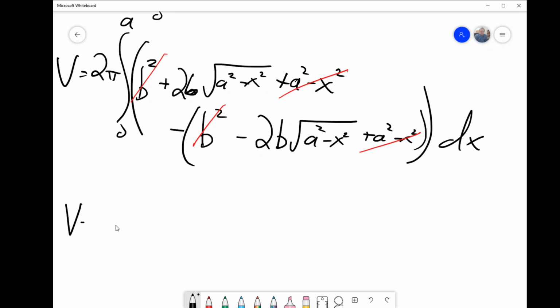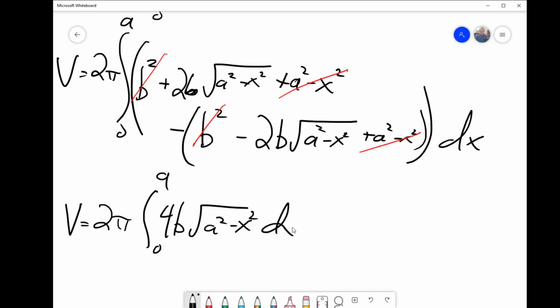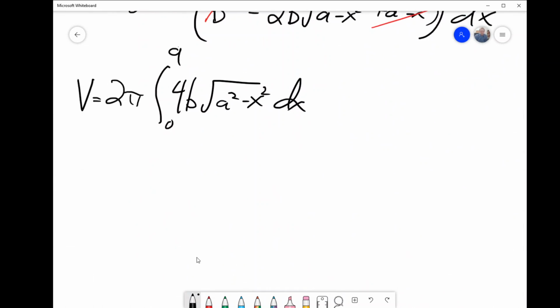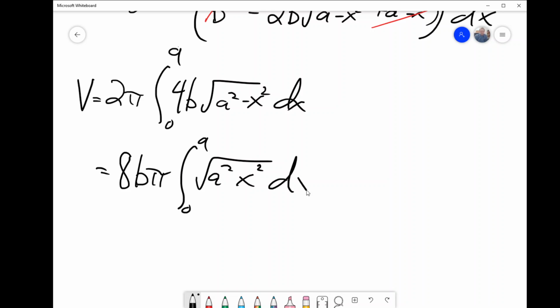So we have volume equals 2 pi times the integral from 0 to a of 4b times the square root of a squared minus x squared dx. Or, combining our like terms, 8b pi times the integral from 0 to a of the square root of a squared minus x squared dx.